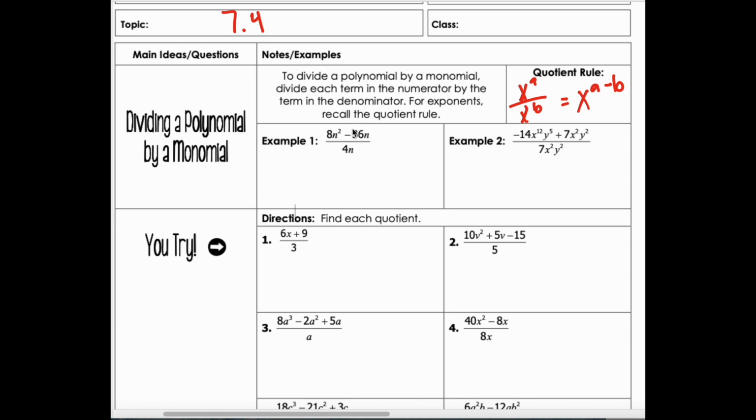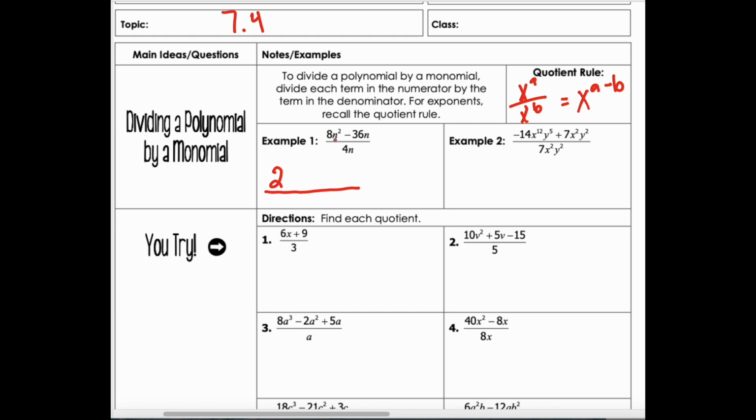What we're going to do here is divide our 8 and our 4 first. 8 divided by 4 is 2. I'm going to leave my fraction bar here, just so that we understand what's going on, because we're still dividing. Since it's a whole number, the 2 goes to the numerator.